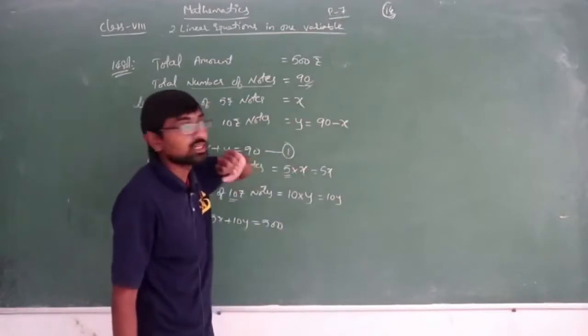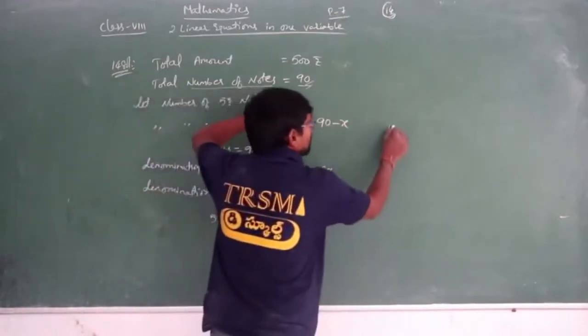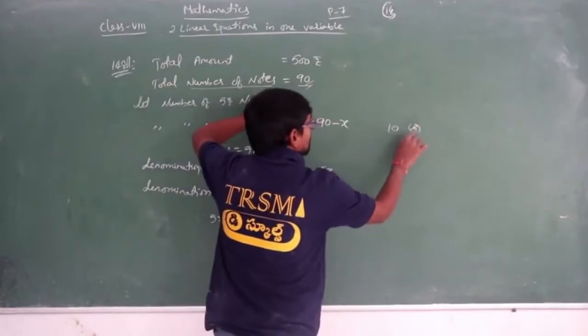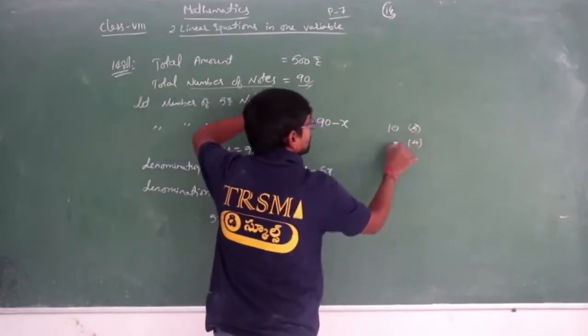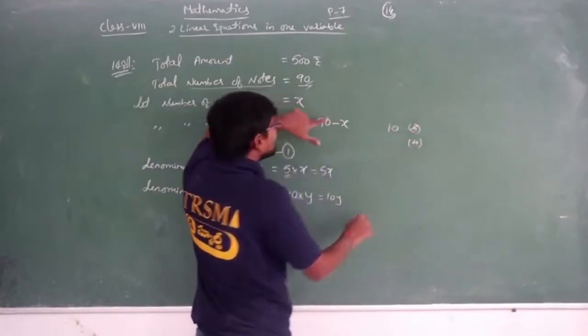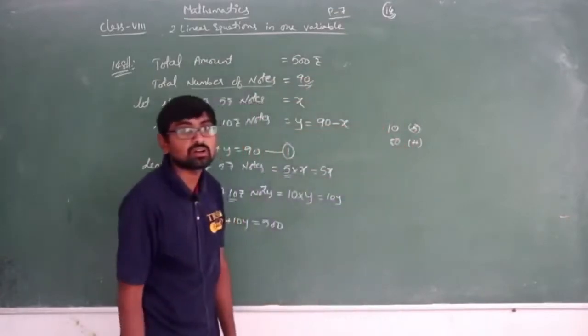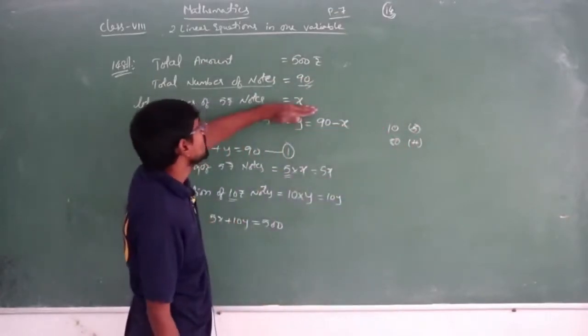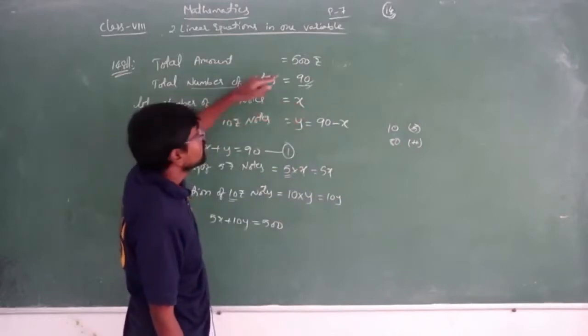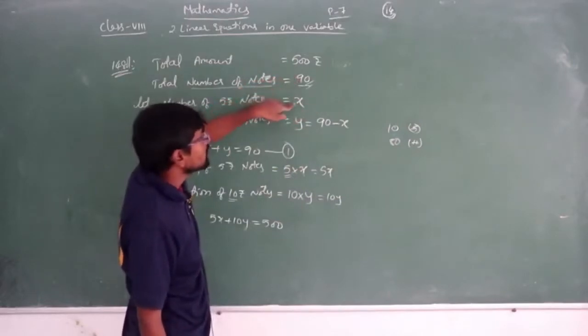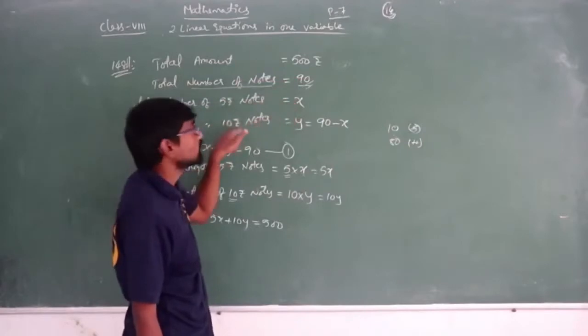as we have done till now here? If I have 10 5 rupees notes, then how many 10 rupees notes are there? 90 minus 10, I will be getting 80, isn't it? If I have X 5 rupees notes, then from the total, 90 minus X, I will be getting the 10 rupees notes.